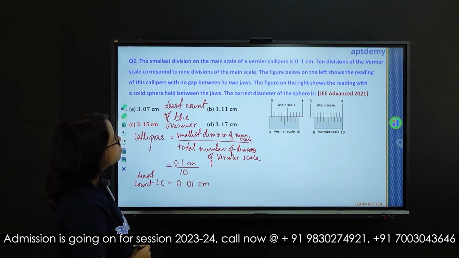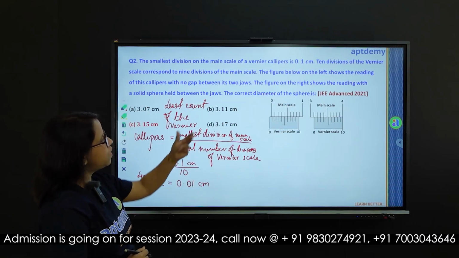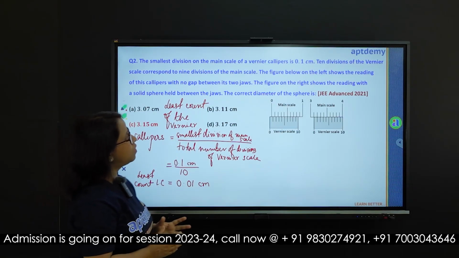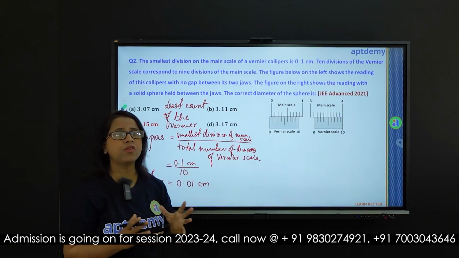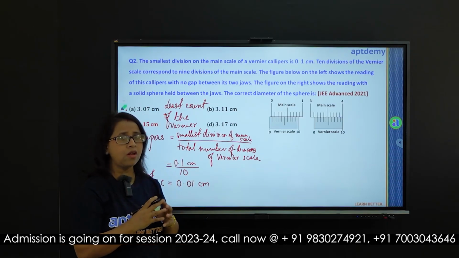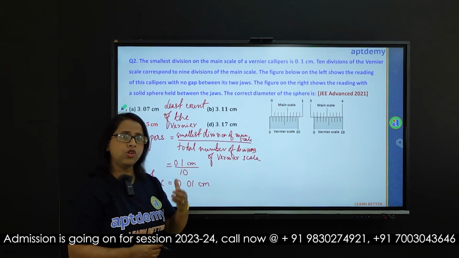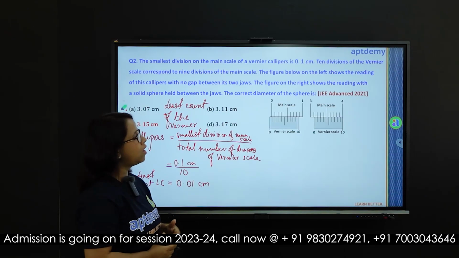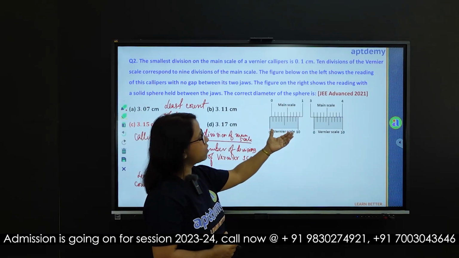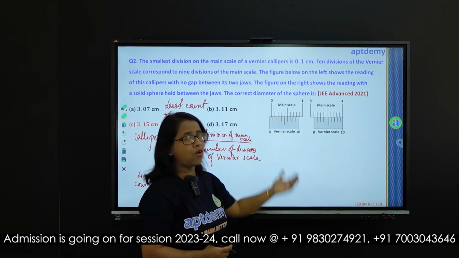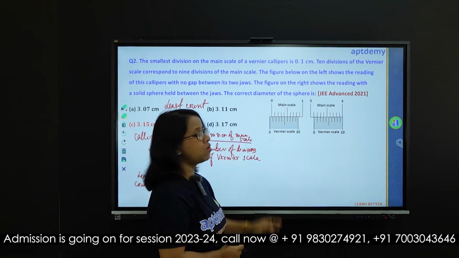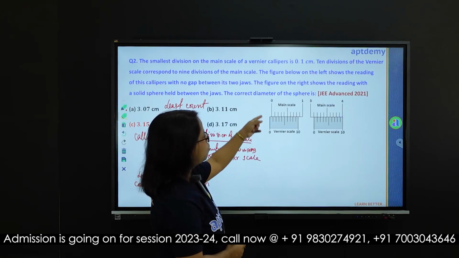Now, what else do we have in hand? You can see from the figure below that this vernier calipers has been used to calculate the diameter of a solid sphere. That is, a solid sphere is to be held between the jaws, the lower jaws in fact, of the vernier calipers. Now, whenever we have a look at the vernier scale and the main scale of the vernier calipers, we first need to know the position of the 0 in the two scales.